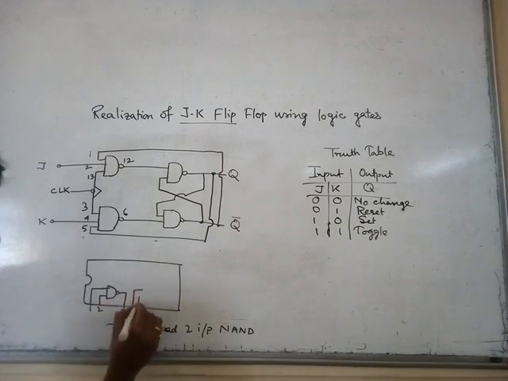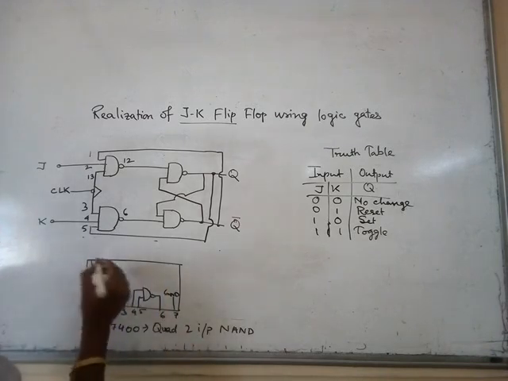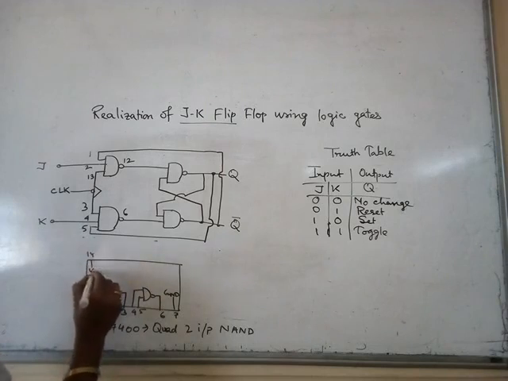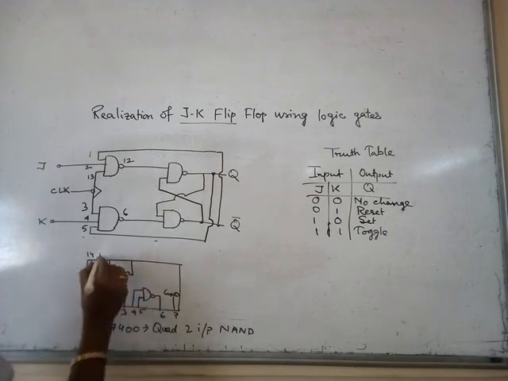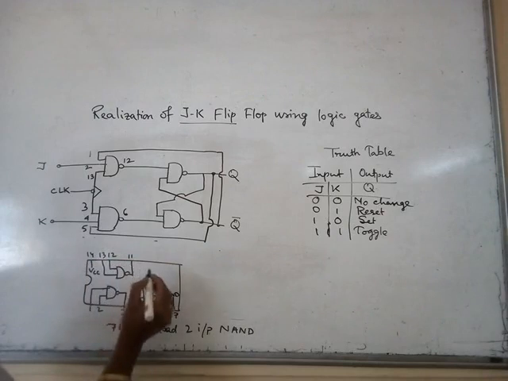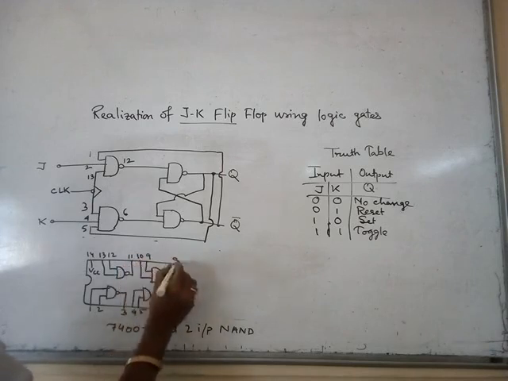Next, 4, 5 are the inputs and 6 is the output. 7 is for ground, 14 for VCC. 13 and 12 are the inputs, 11 is the output, 10, 9 are the inputs, 8 is the output.